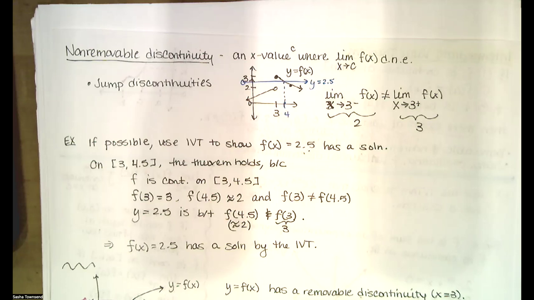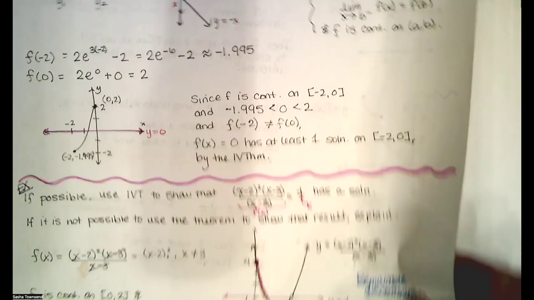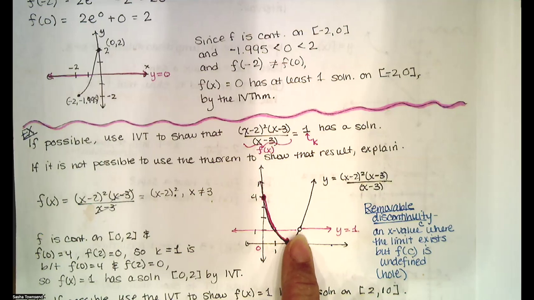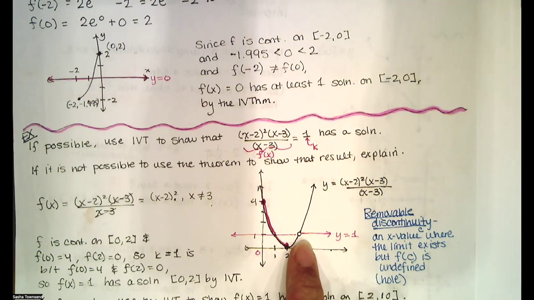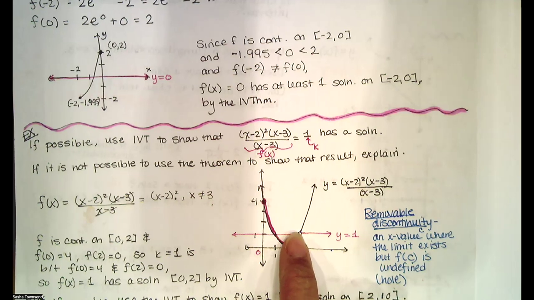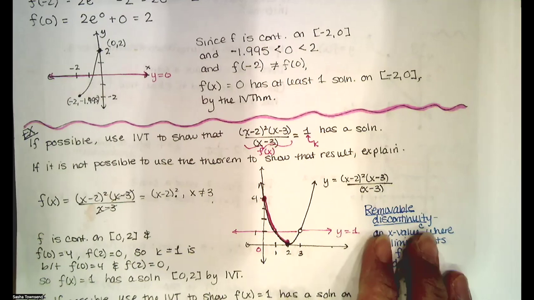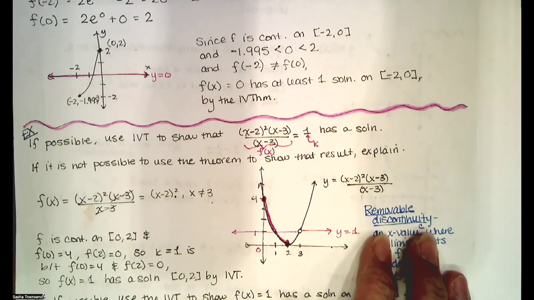All 3 of those are non-removable because it doesn't matter how we redefine the function, we can't make it continuous. A removable discontinuity is an x value where the function value does not exist, but the limit itself exists. So there's basically a hole in the graph. You'd be able to fill in that hole and make the resulting function continuous.